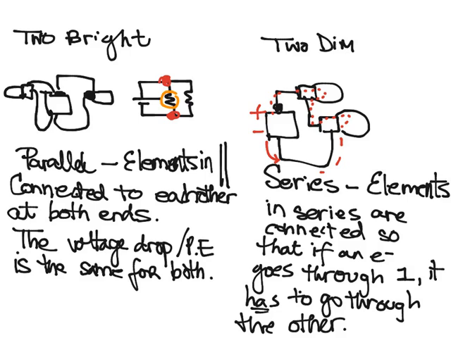Okay? On the other hand, if you're an electron and you are in this circuit with our two bright bulbs, you have a choice. You can go through one, or you can go through the other to get back to the other side of the battery. You don't have to go through both.